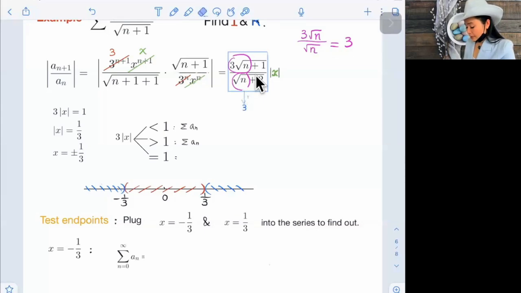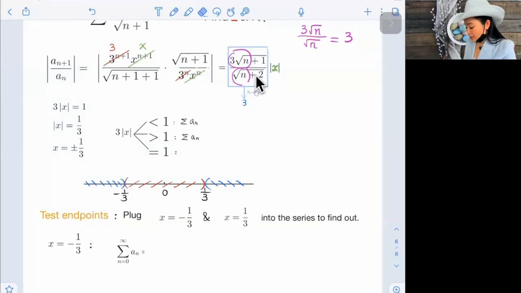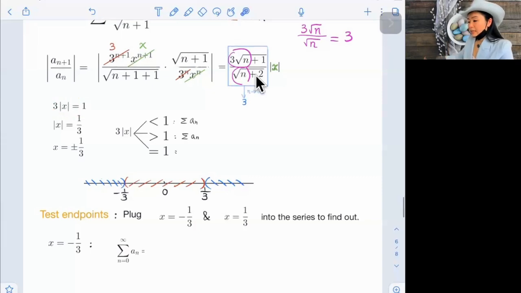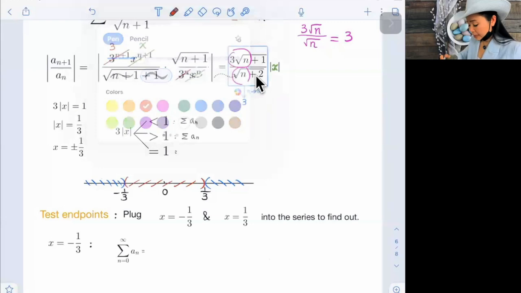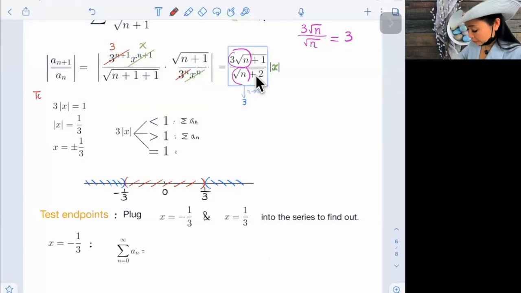All right. So that limit is going to be 3 times the absolute value of x. Now we're going to set that equal to 1 in order to find the endpoints. So this step over here, let's just say it's a step to find the endpoints of the interval, okay?